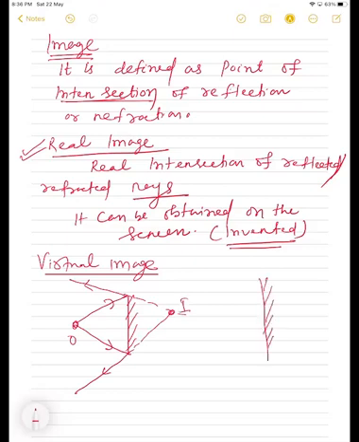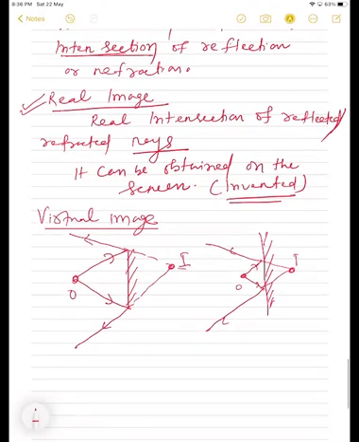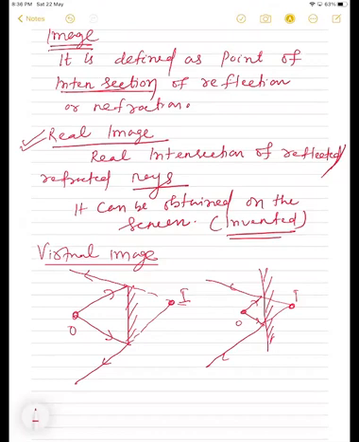And let this is the mirror, mirror, और यहाँ पर एक पॉइंट ऑब्जेक्ट है, ठीक, लाइक दैट, ठीक है, तो ये ऐसे गया, ये ऐसे चला गया, फिर उसी तरह चला गया। अगर मैं इसको फिर पीछे की तरफ एक्सटेंड करूं तो उसका इमेज यहाँ पर बन सकता है। तो ये जो इमेज बन रहा है उसको हम क्या बोलते हैं? वर्चुअल इमेज, we say it is virtual image, ठीक है। वर्चुअल इमेज क्या होता है?